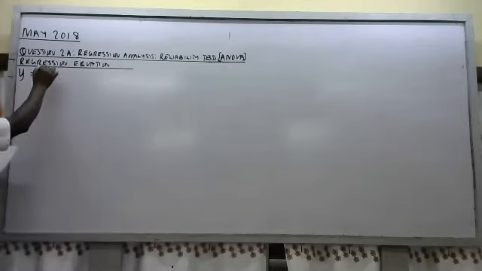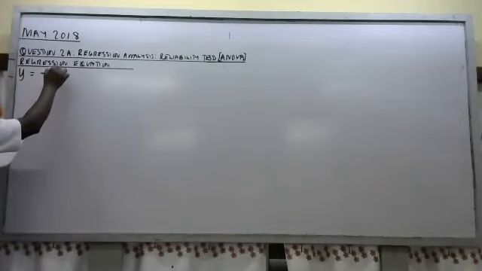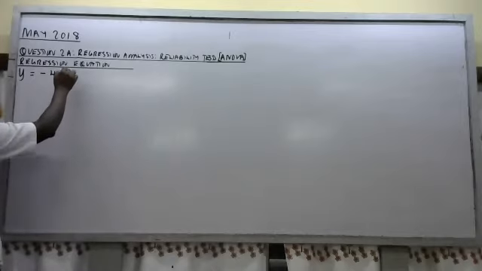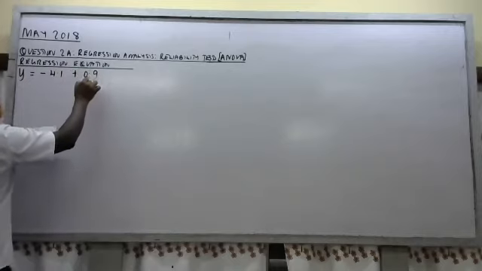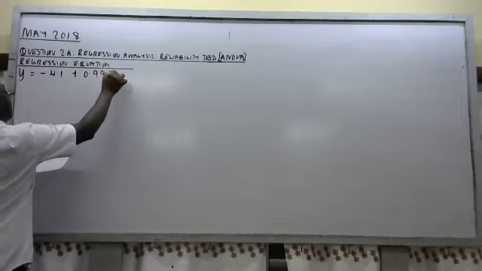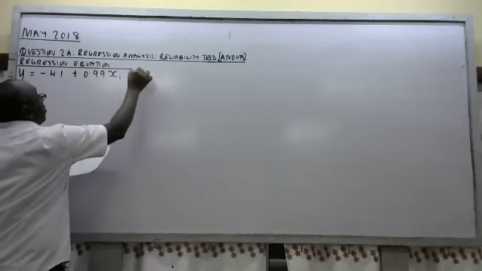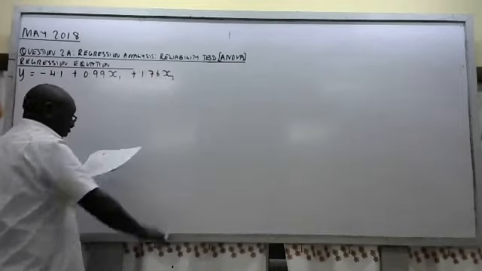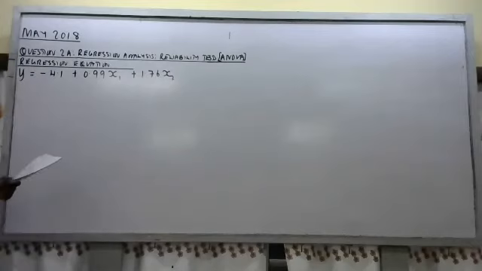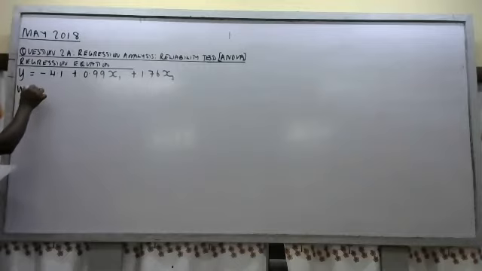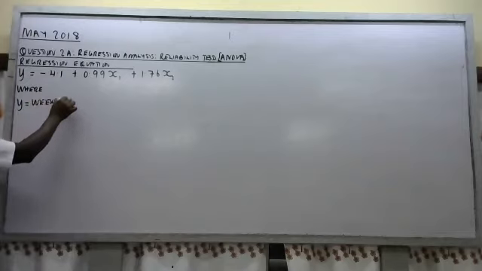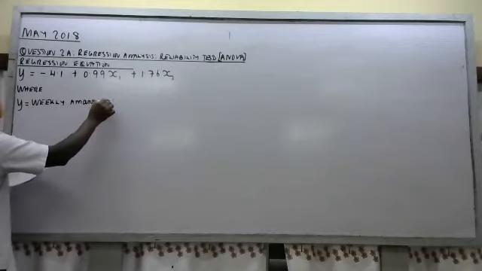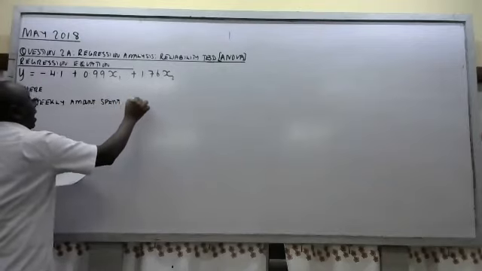We will have y = -4.1 + 0.99x1 + 1.76x2, when you use 2 decimals, where y represents the weekly amount spent on entertainment.